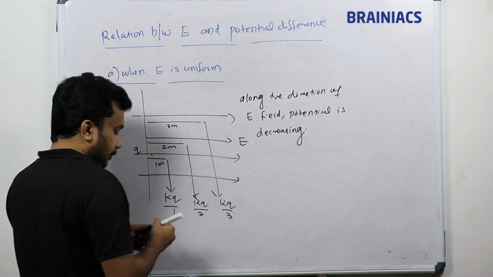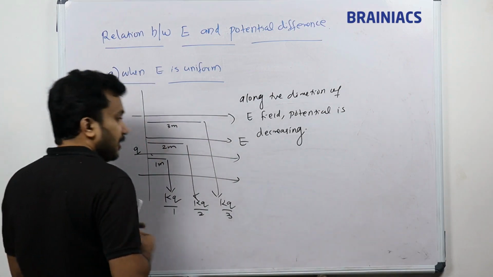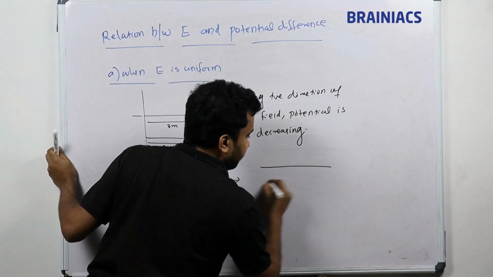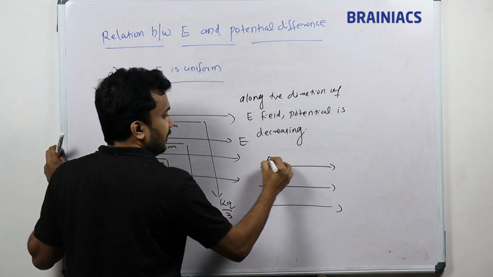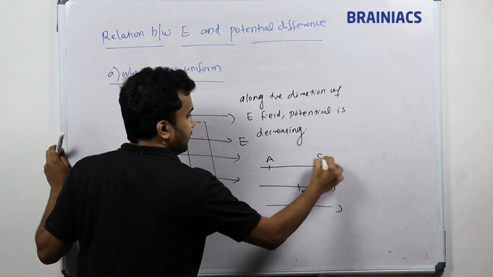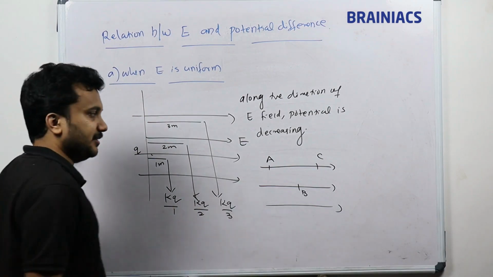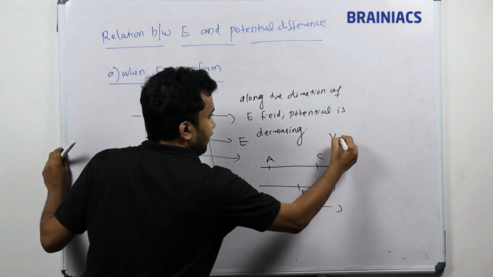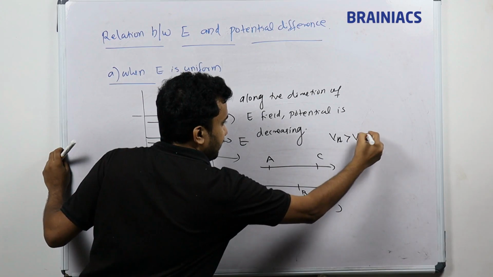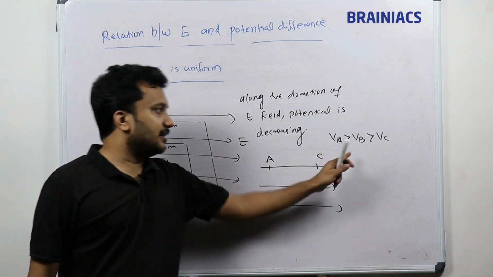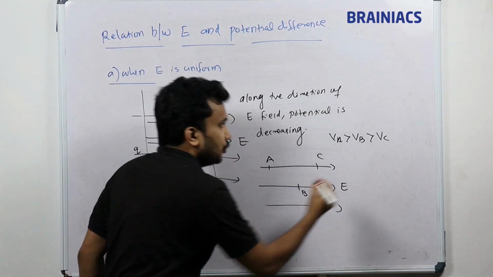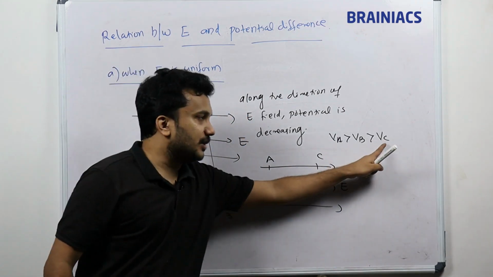For example, you may come across some questions like this. This is the direction of electric field. Okay, so I am giving 3 points: A, B and C. Where will the potential be lesser? I can say potential at A is greater than potential at B, which is greater than potential at C. So C is in the direction of electric field, and there the potential is lesser.